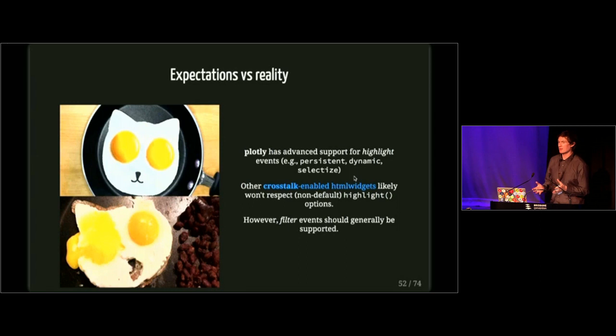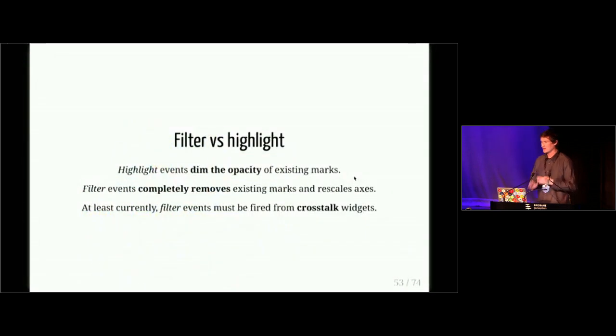But all of these examples are actually just one class of events that is supported in this infrastructure that I like to call highlight or select events. There's a whole other class of events called filter events. These filter events are more well-defined, so they should work better when you have multiple HTML widgets talking to each other.